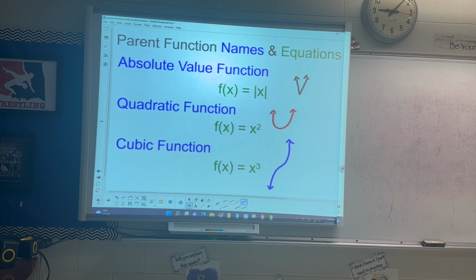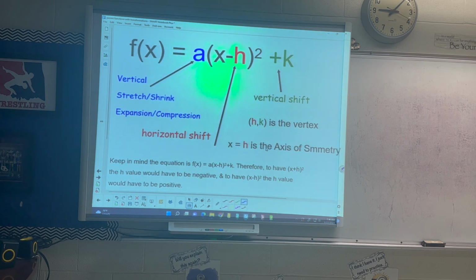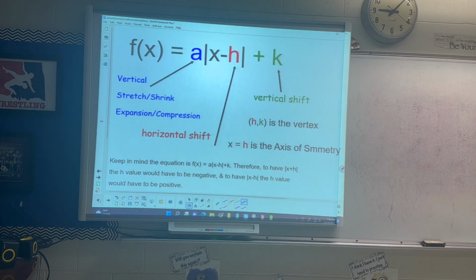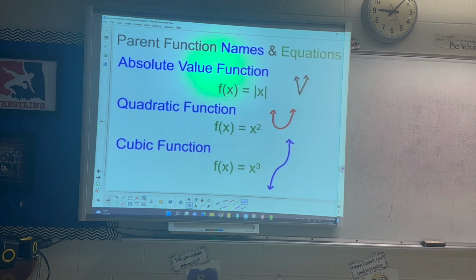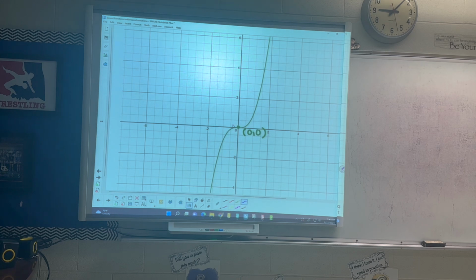The absolute value function had an axis of symmetry. If I have an axis of symmetry, that means I can fold my graph along my axis of symmetry.